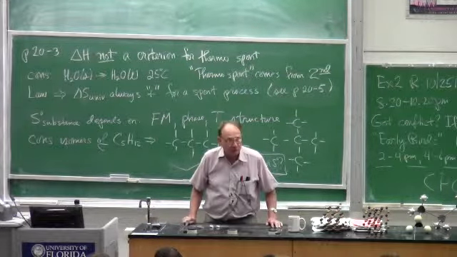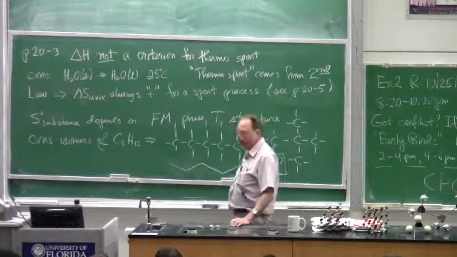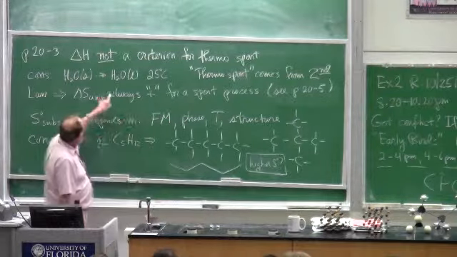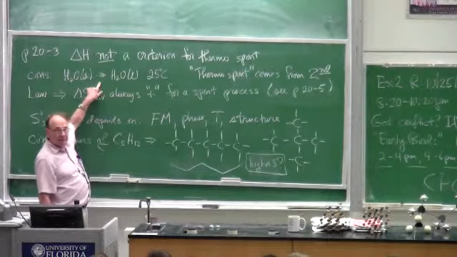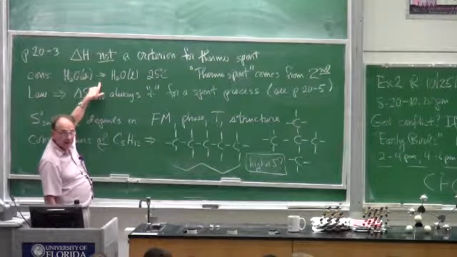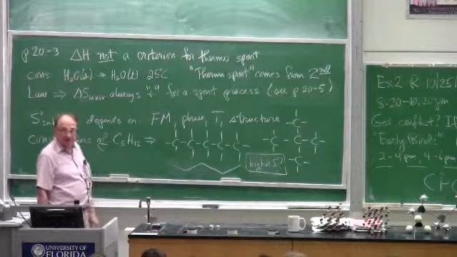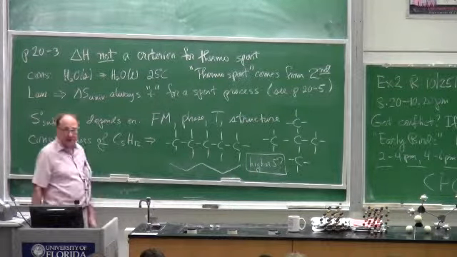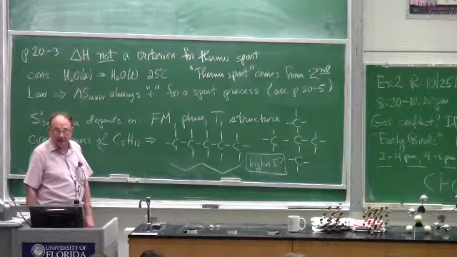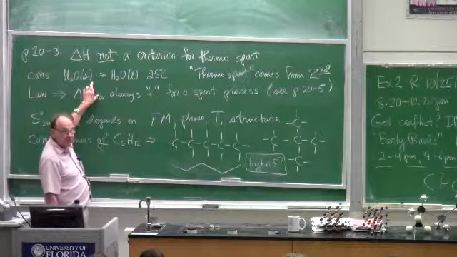You can do this at home, you know that. You don't even have to do it. You know that happens. Well then, since it's happening, it's spontaneous. Is this a bond improvement or a bond weakening process? Weakening. Change in enthalpy is against this. Yet it's spontaneous. So how do I use delta H as a criterion for thermodynamic spontaneity when change in enthalpy is against this process, yet it's spontaneous?